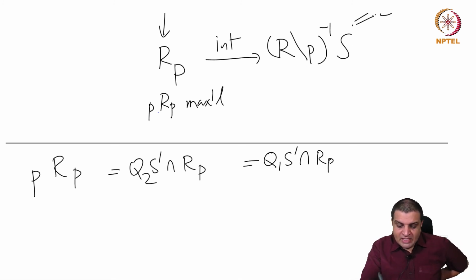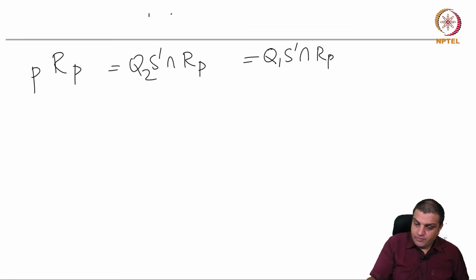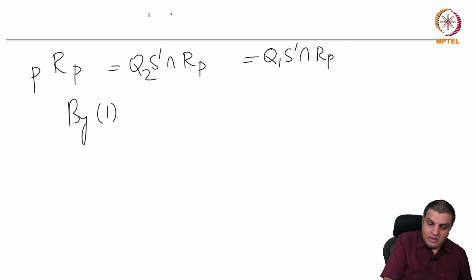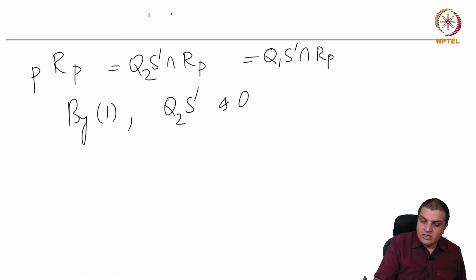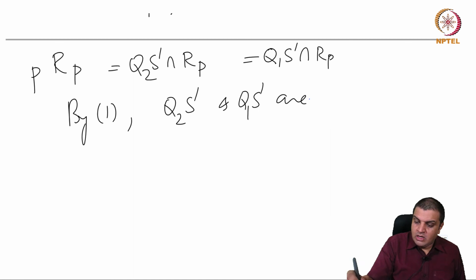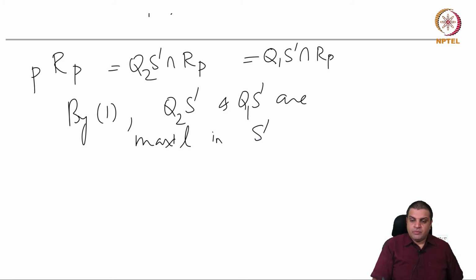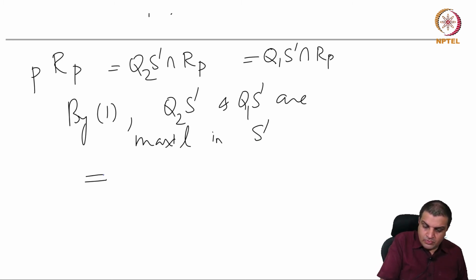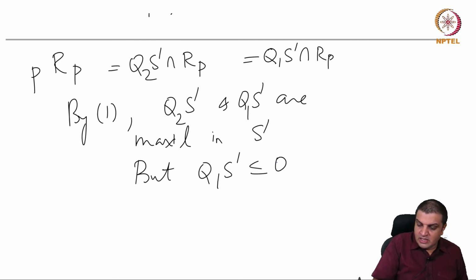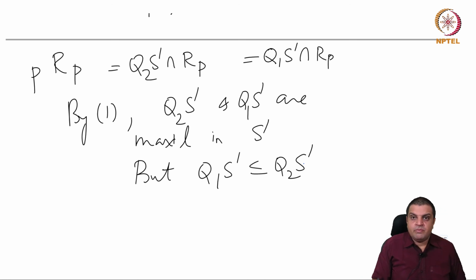This is maximal by one. Q1 S prime and Q2 S prime are maximal in S prime, but Q1 S prime is inside Q2 S prime.